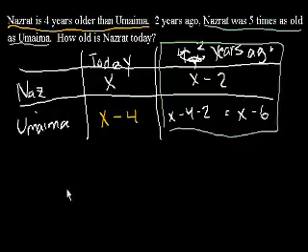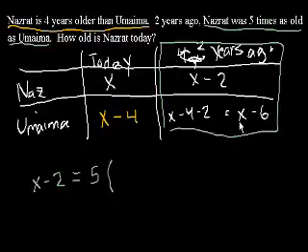So let's just write that down. Nusrat was X minus 2 two years ago, we get that from the chart. And Nusrat was 5 times older than Umama was 2 years ago, and Umama 2 years ago was X minus 6.